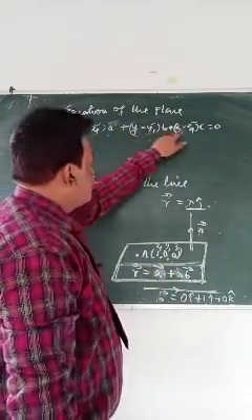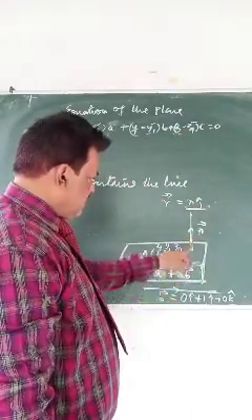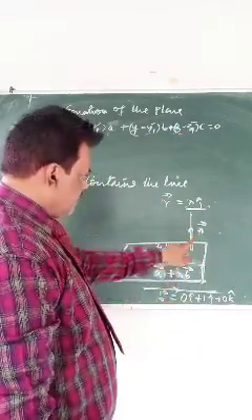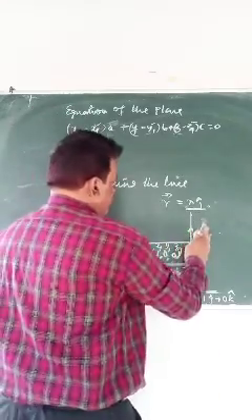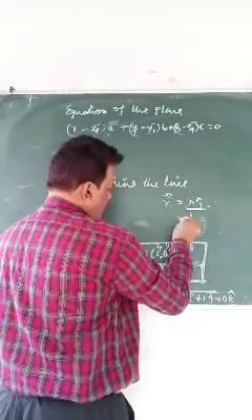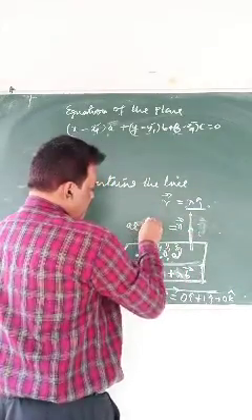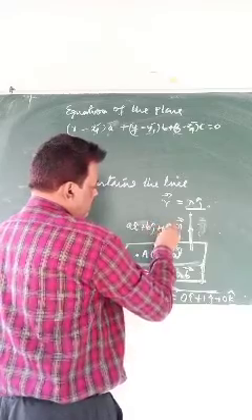Then where is this a, b, c? This is not given; we have to find a, b, c. a, b, c is the normal vector n, which you are finding, that is ai, bj, ck.